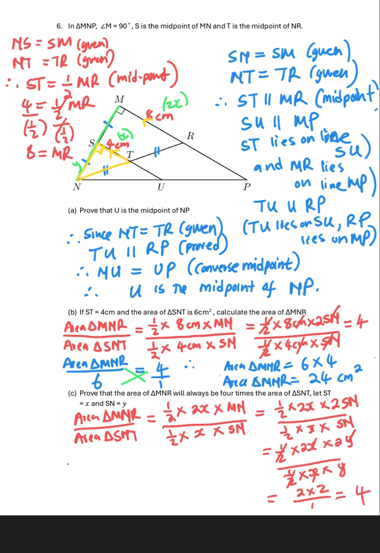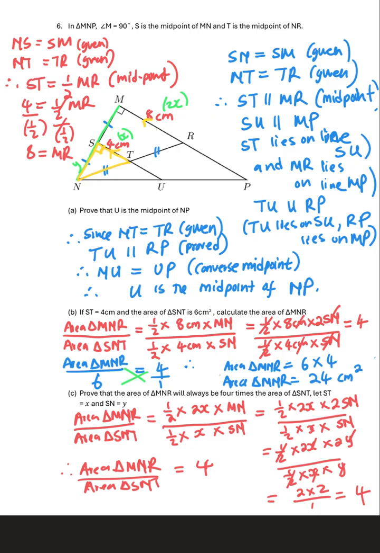So then we can conclude that the area of triangle MNR over area of triangle SNT is equal to 4. Therefore, let me write it the correct way.